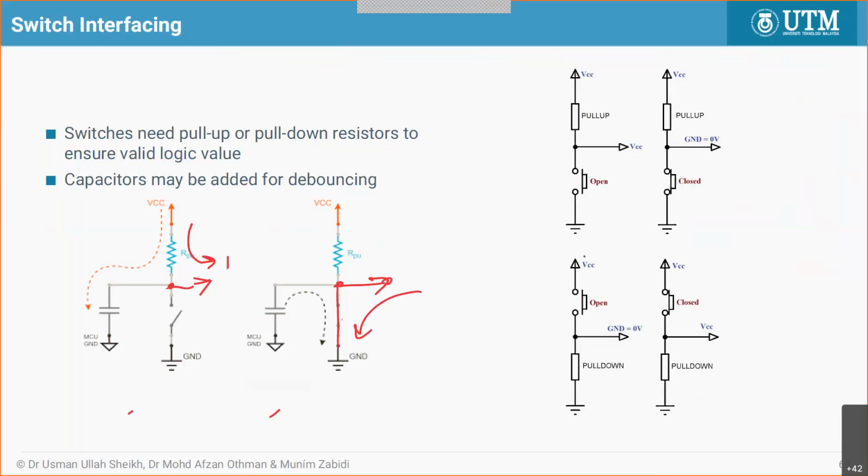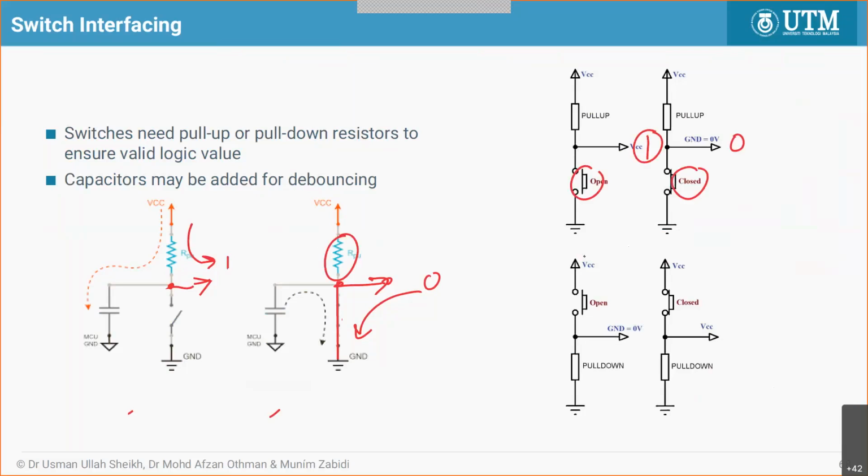This is 0 ohms here. So you'll get 0 here. So you choose either one, whether you want to make it pull up or pull down. This is a pull up method where open is VCC or high. Open is 1 and close is 0.